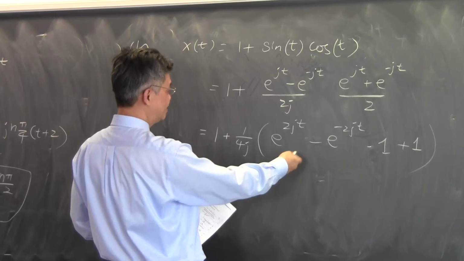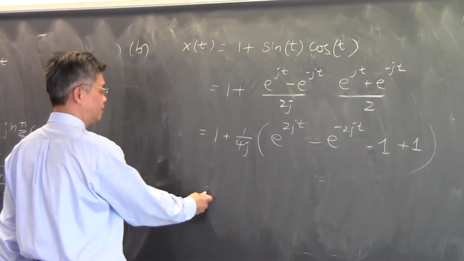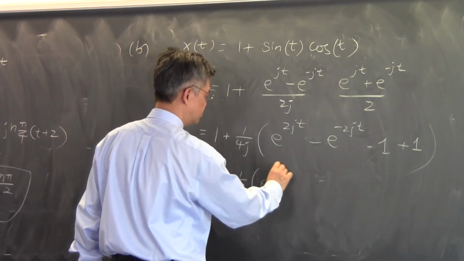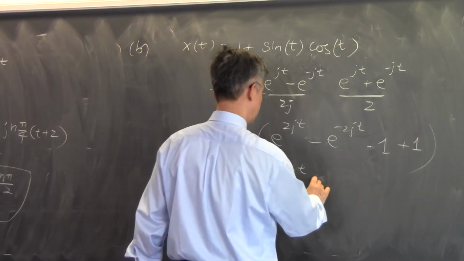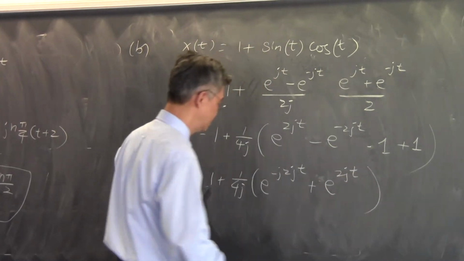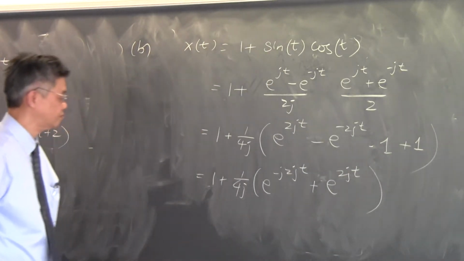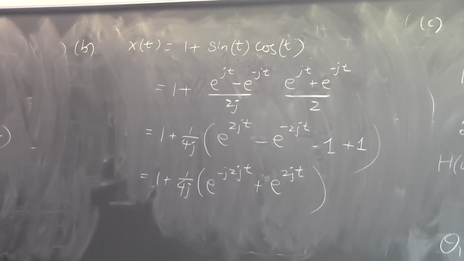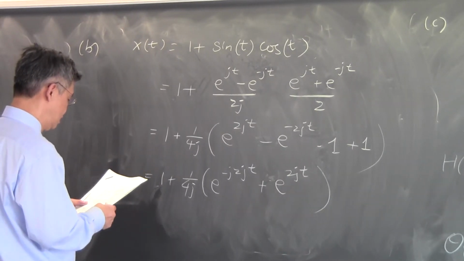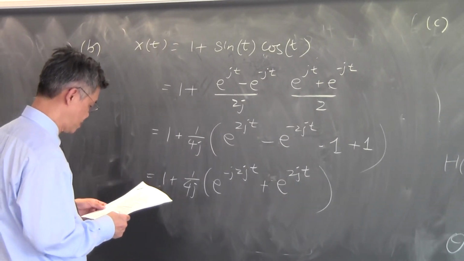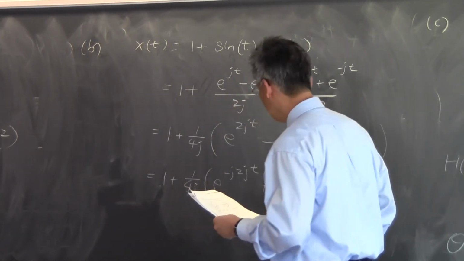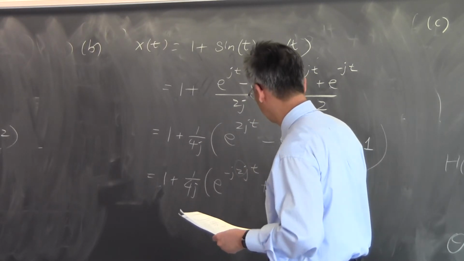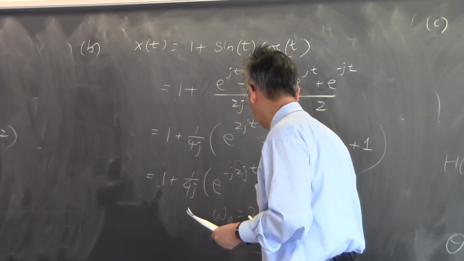Okay, and then you can look at this. This looks like a Fourier series expansion. There's a DC term there. Plus e to the 2jt. So if you were to identify this as a Fourier series expansion, and you want to look at what the fundamental frequency is, you can see that omega naught is equal to 2.